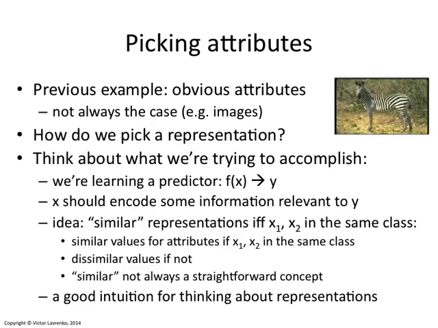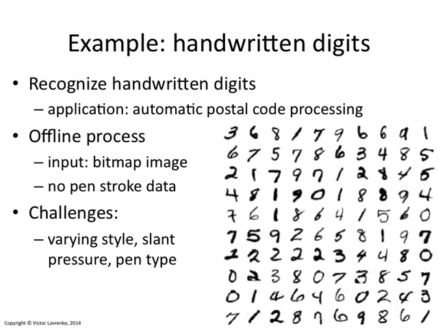So it's just a general guideline. When you're designing attribute value representations, think similarity. Think trying to make things with the same label as similar as possible, and things with different labels as dissimilar as possible.